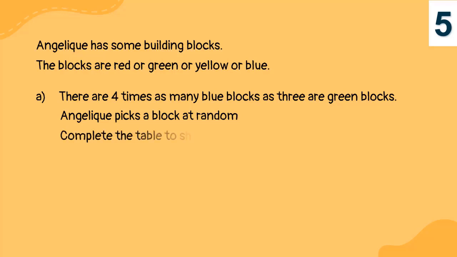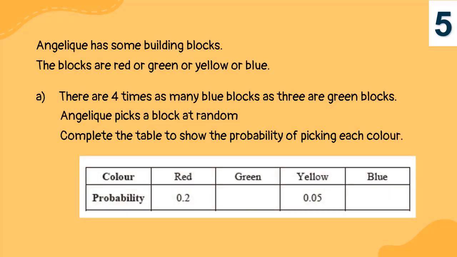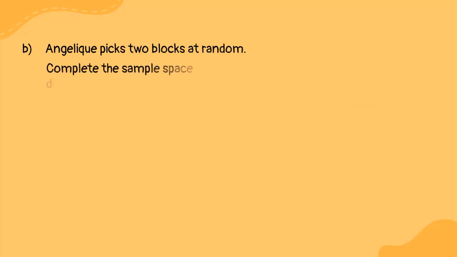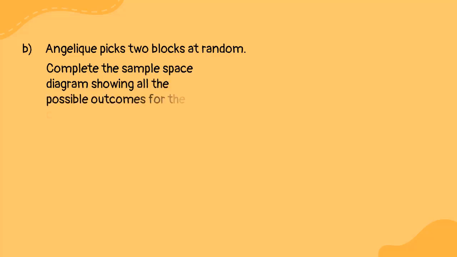Complete the table to show the probability of picking each color. B. Angeli picks 2 blocks at random. Complete the sample space diagram showing all the possible outcomes for the colors of her 2 blocks.